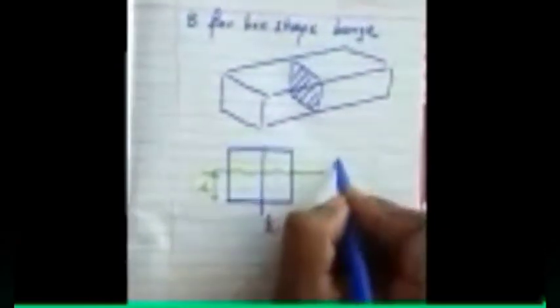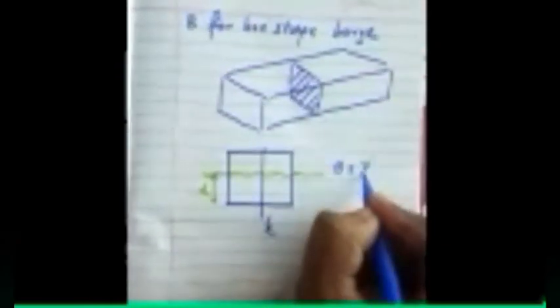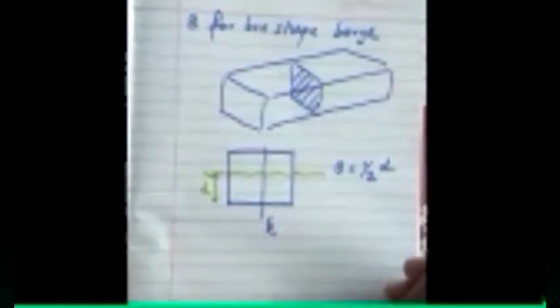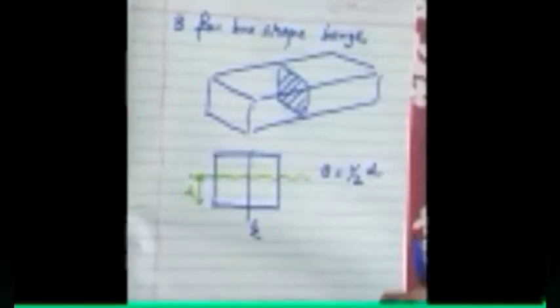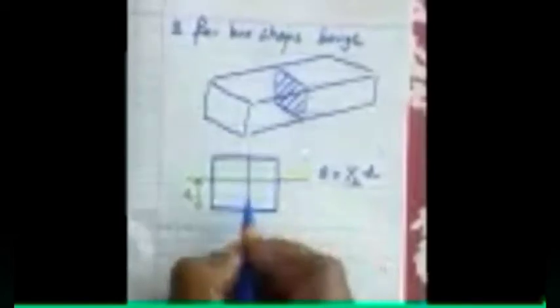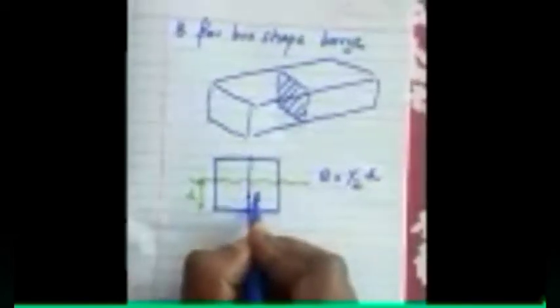So the center of buoyancy B for the box shape barge is half of the draft. Always remember, the center of buoyancy for the box shape barge is half of the draft. Very simple. From the figure itself, you can find it out. This is the total draft, and the center of buoyancy will be somewhere over here, exactly half of it.